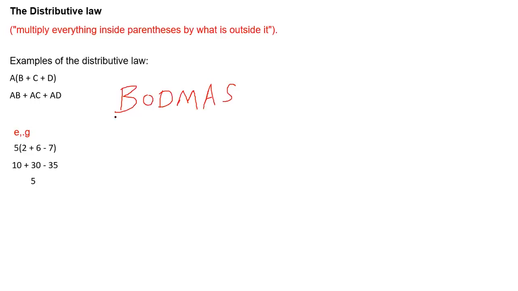You can see brackets always come first, and then this O, which stands for a certain word on indices. I've just forgotten it; I'm sure I'll remember it when I'll be teaching indices. And then we have division, multiplication, addition, and subtraction. So addition and subtraction have to come last. When you have division and multiplication, start with them first and end with addition and subtraction. That is basically what BODMAS is all about.